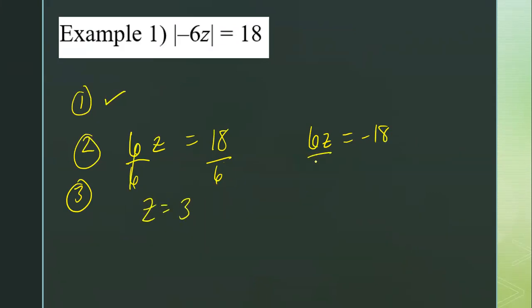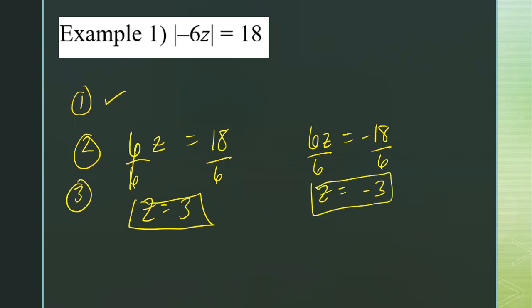Divide by 6, z equals -3. So my two solutions are z equals +3 and z equals -3. On a number line, that's because if I have 0, -3 and +3 are the same distance from 0. Does that make sense? That's why they both are possible answers.